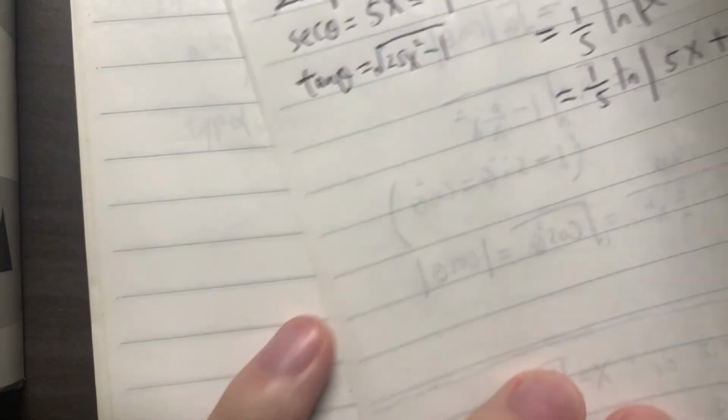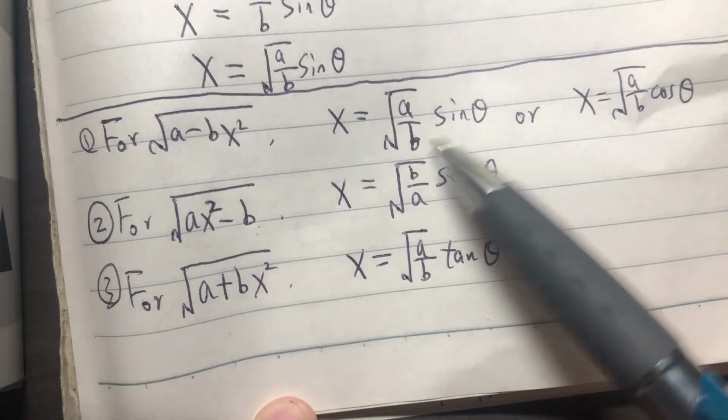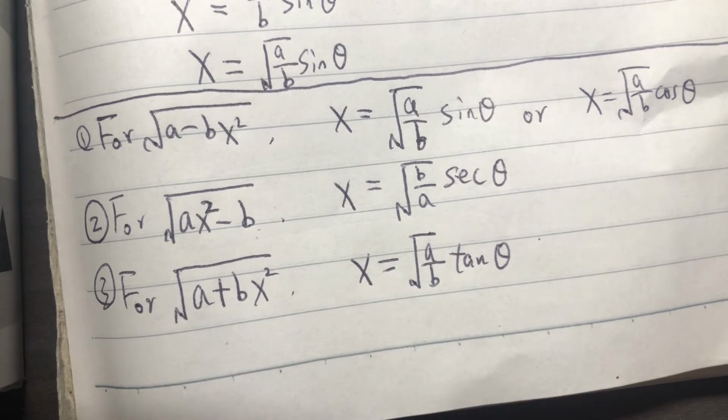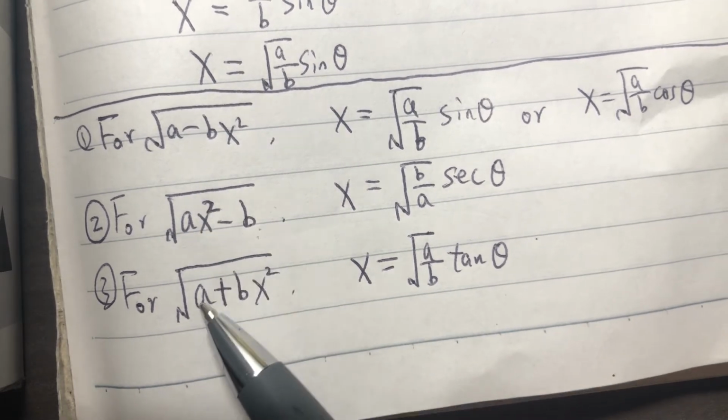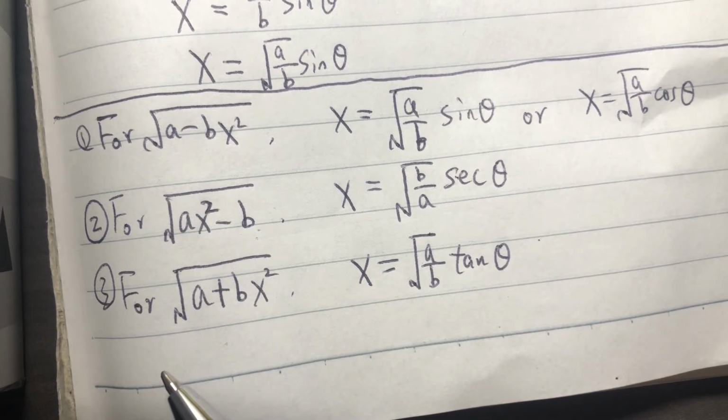Just to summarize, this is the trig substitution we're going to use, and it depends on the constant terms. If you make the constant term equal to 1, by taking some constant outside of the square root, you can choose one of these.